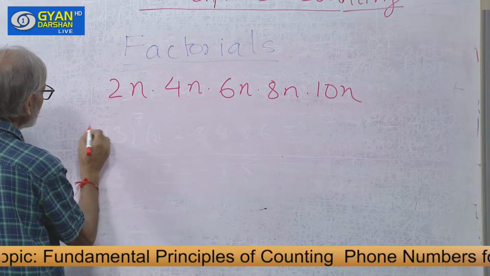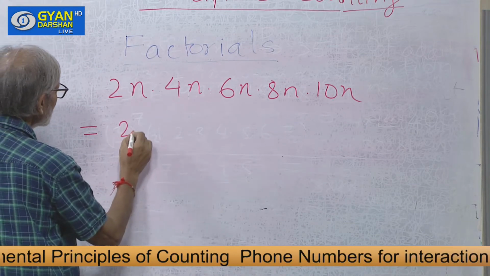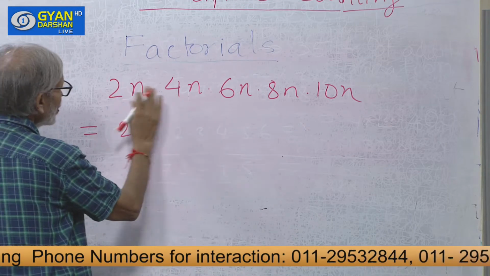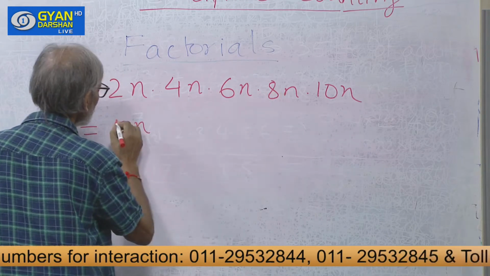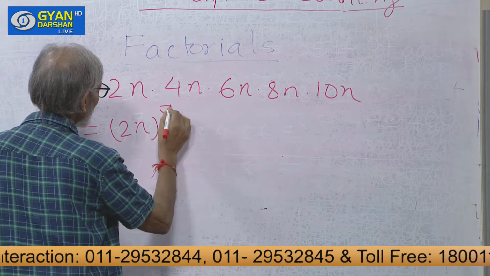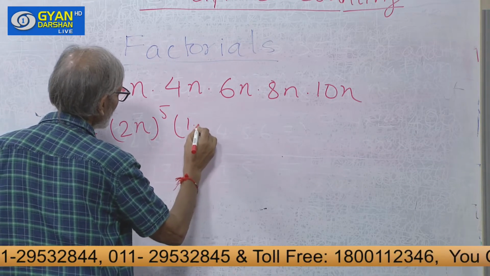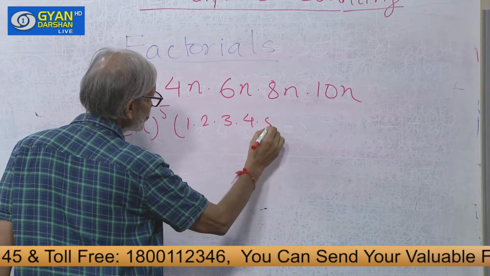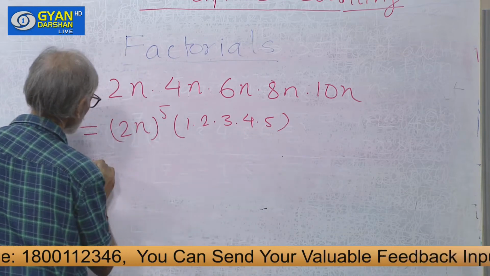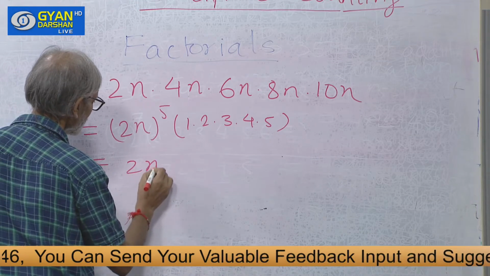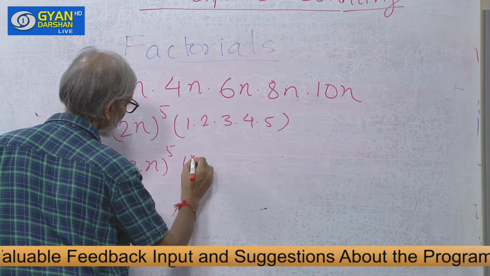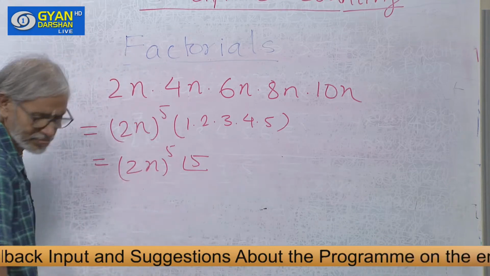Again here we can take 2n out, as it is everywhere, 1, 2, 3, 4, 5. Multiply 1 into 2 into 3 into 4 into 5. So, this will be 2n to the power 5 multiplied by factorial 5.